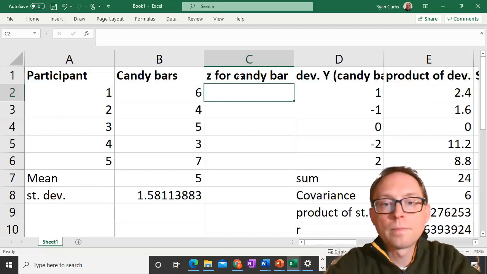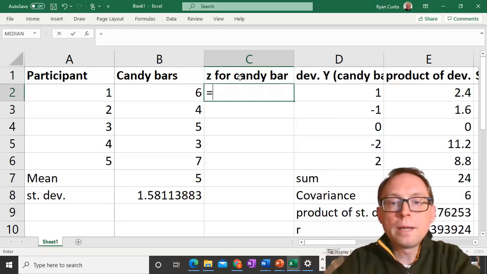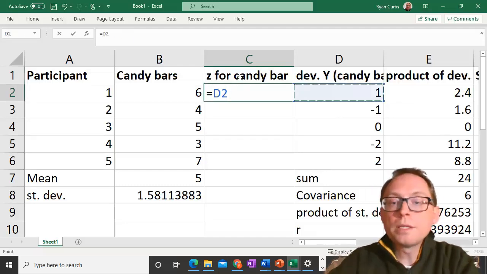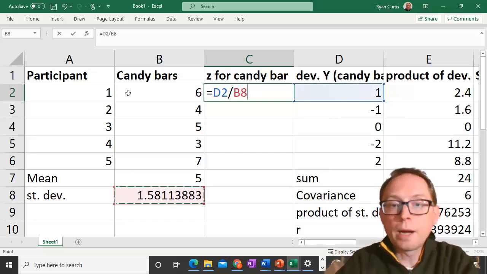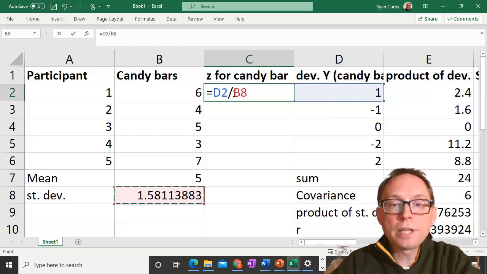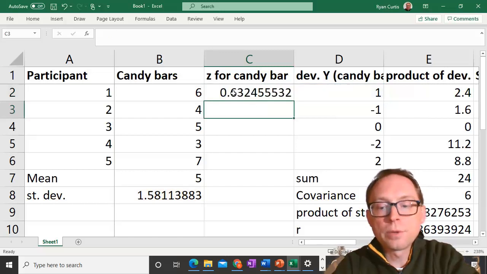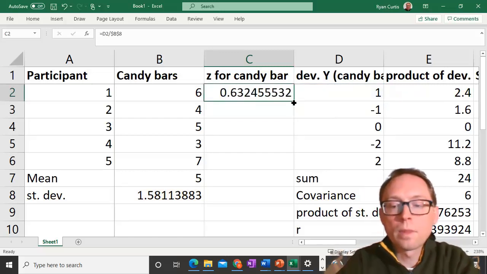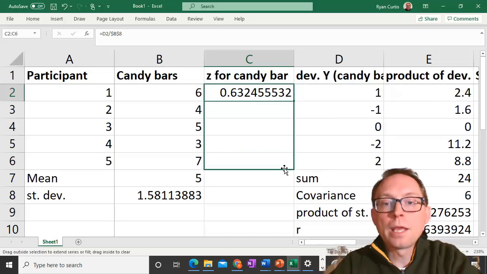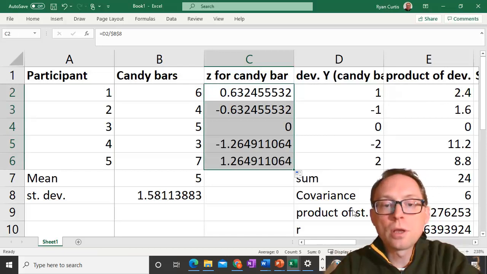It's going to be the deviation divided by the standard deviation. And I'll put my dollar signs in there so that it won't move around. And I get a z-score for each of the people.